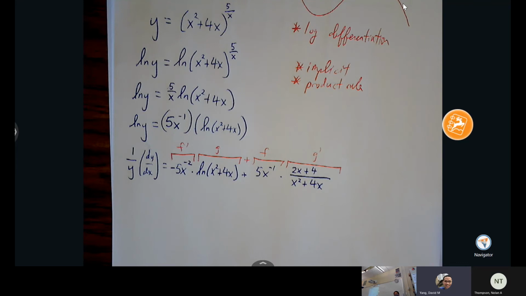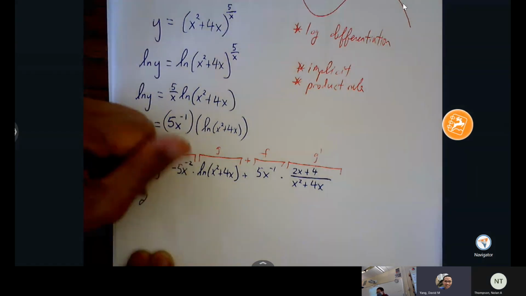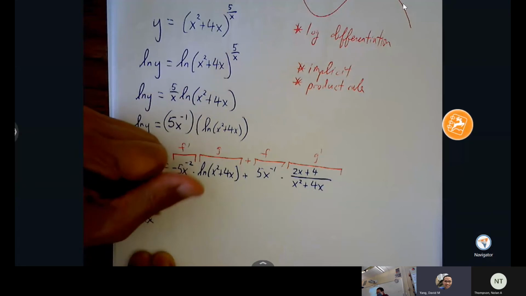So what's our next step? What's our goal? What are we trying to do? Find the derivative. Yeah. So you want that dy dx by itself, right? So divide the whole thing by 1 over y, or else multiply the whole thing by y. So basically move the y over to the right side.